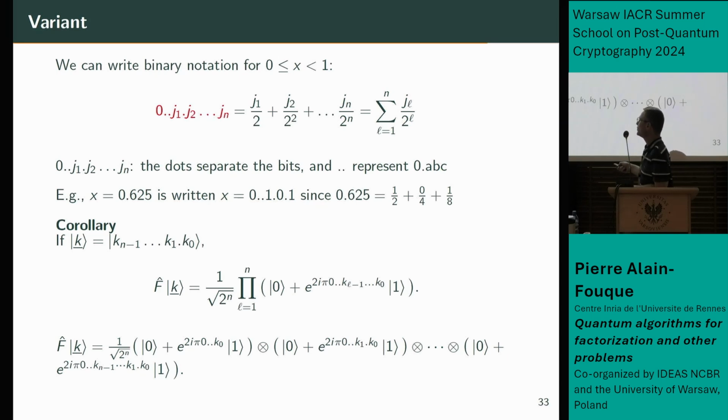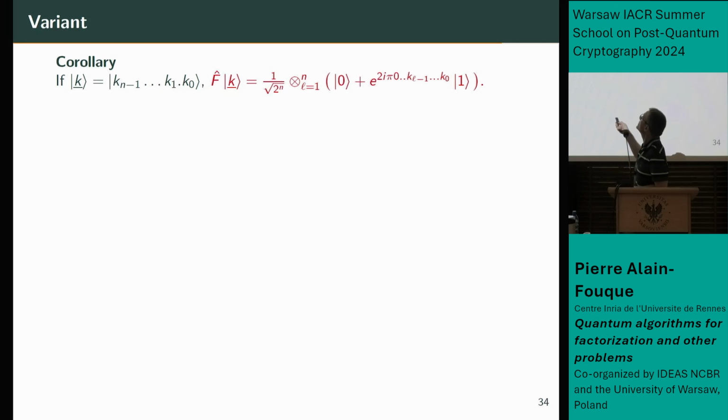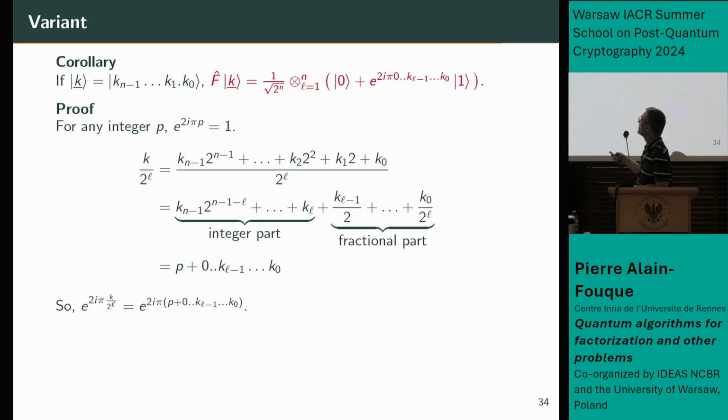So on each different factor, each term in the product, you can just remember 0.k0, which means k0 divided by 2, plus k1 divided by 4, and so on and so forth. This is just an easier way to represent the Fourier transform. The proof is very easy. Just divide this by 2 to the L. You show that this is an integer value, so I can write it using p.